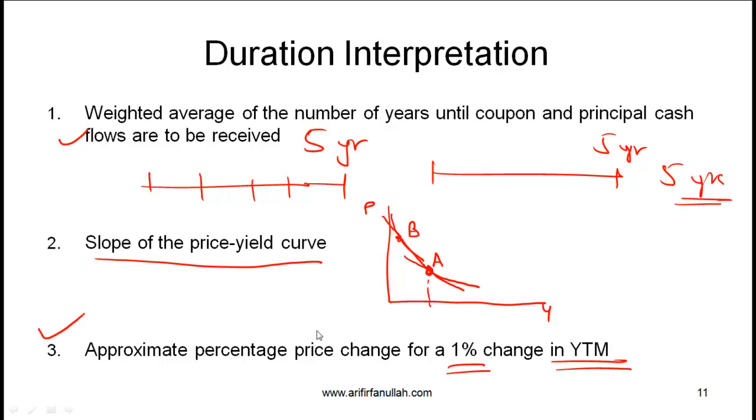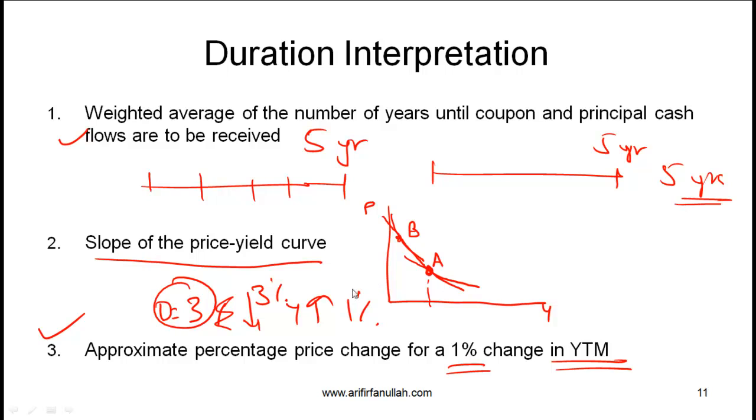So all you are saying is that if the duration of a bond is 3, that means that if the yields go up or interest rates go up by 1%, then the value of that bond or that bond portfolio, which has duration equal to 3, will come down by 3%.